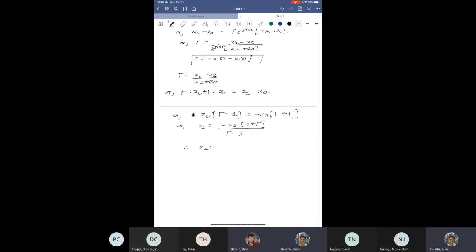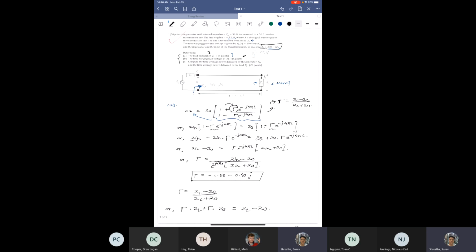Yeah, I got 9.149 minus 14.88J, but I did simplify the 0.59 and negative 0.40J. I didn't put a bunch of the decimals, you know. Sure. I just kept it. That's kind of the correct answer. So that's our load impedance calculated from the given input impedance. Pretty straightforward. Okay, that's good.